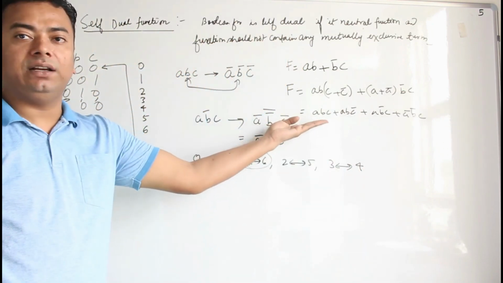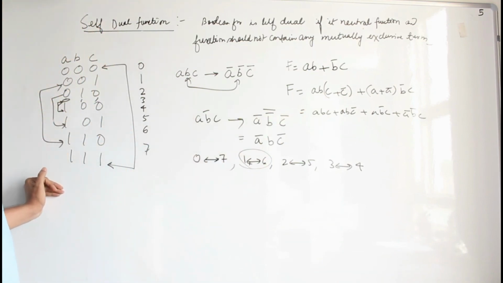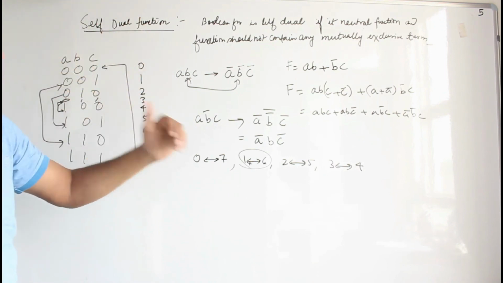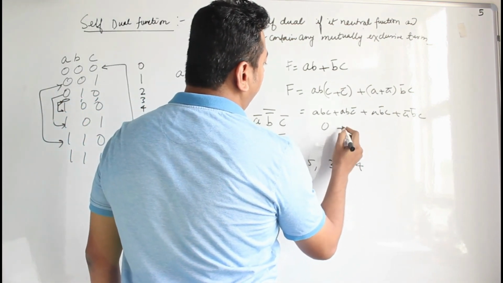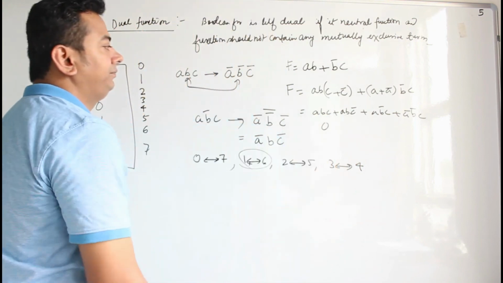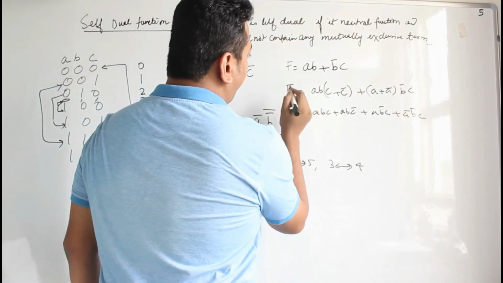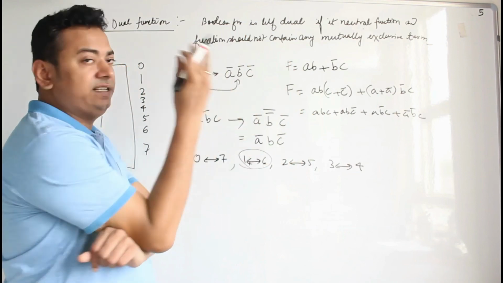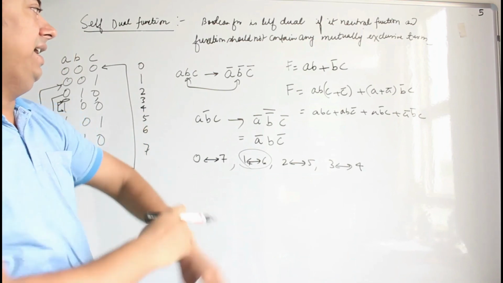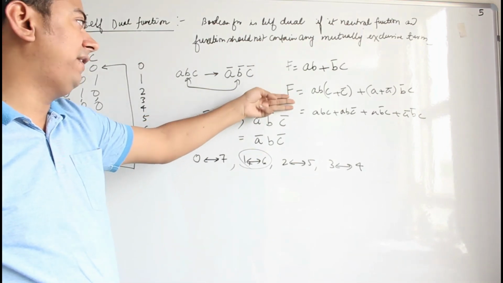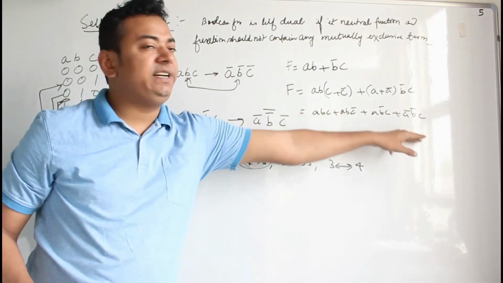Now if we have a Boolean expression in canonical form, just find out whether it is self-dual or not in a similar fashion. Since this is a 3 variable Boolean function, the total number of rows is 8, and for being a neutral function, the total number of terms present should be 4, which is correct.